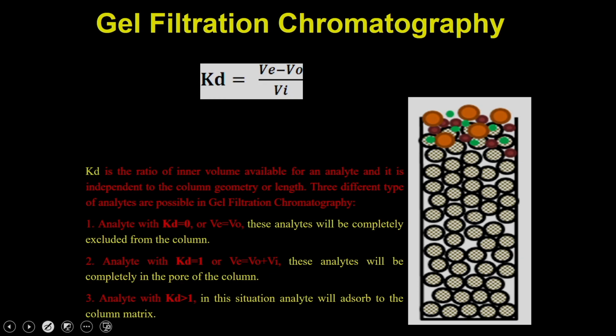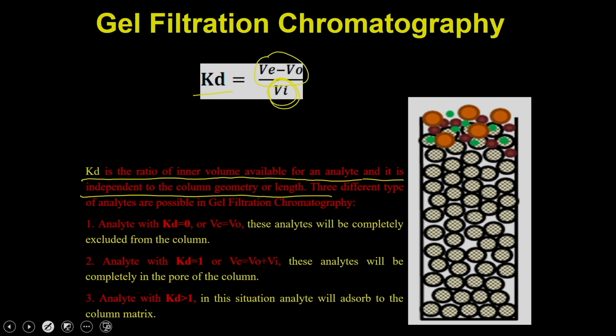So, the Kd is Ve minus Vo divided by Vi, and the Kd is the ratio of the inner volume available for an analyte, which means the Vi, and it is independent of the column geometry or length. If you increase or decrease the column length, you are also going to change the Vo.